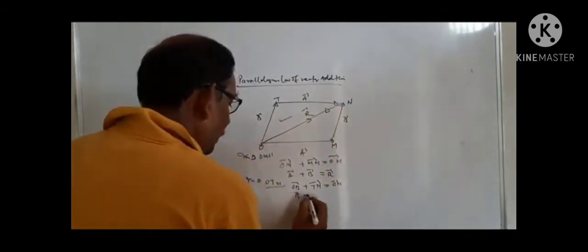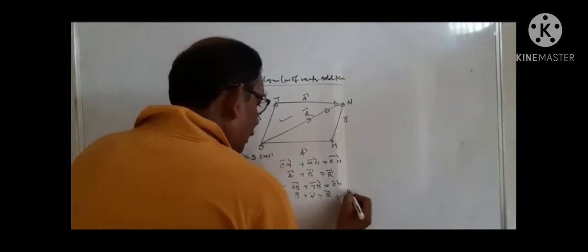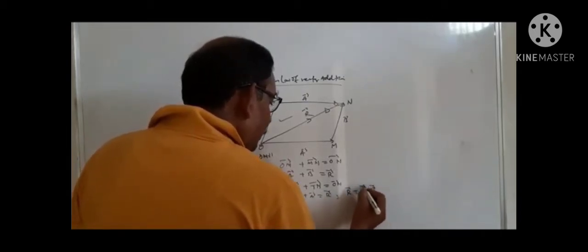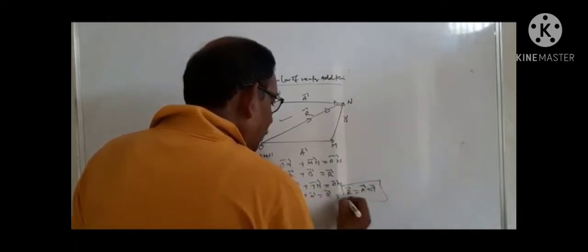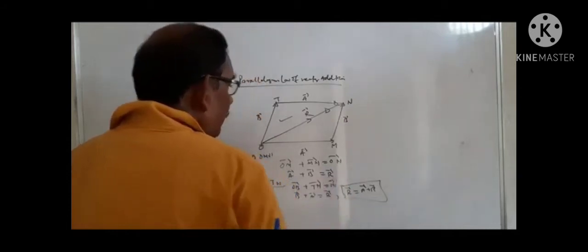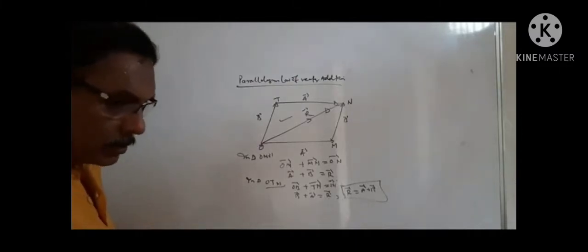So B plus A is equal to R, or simply R is equal to A plus B. So this is the vector addition by using the triangle law of vector addition and the parallelogram law of vector addition.